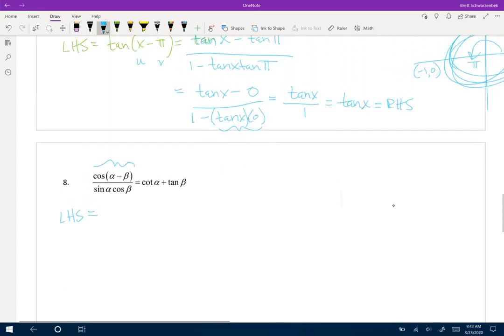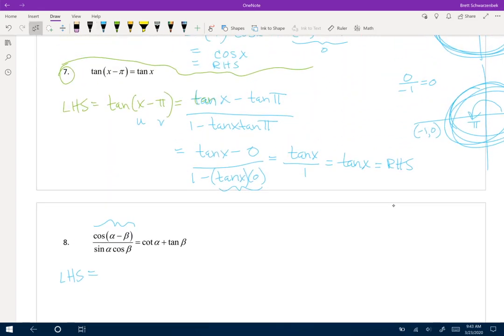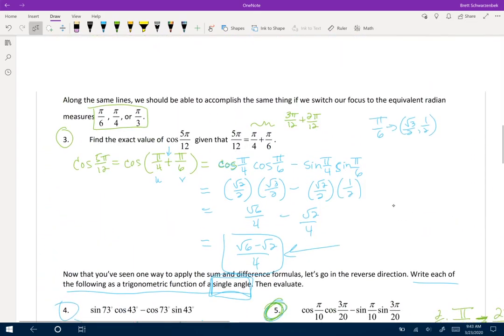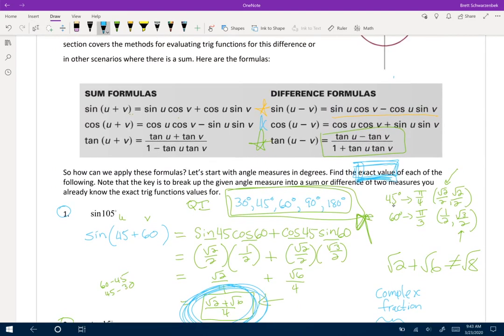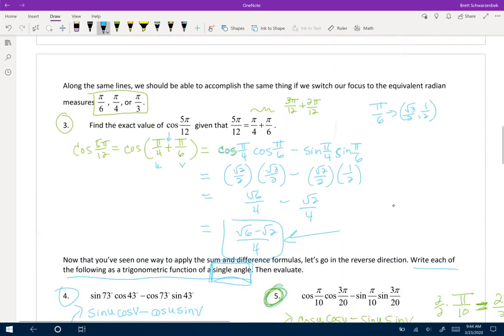If you look at the expression, it's the cosine of the difference of two angles. So you can go back to our ratios and go, oh, look at this. We have the cosine of a difference, which is right here, which means we should be able to change the cosine of alpha minus beta into the equivalent expression if alpha was u and beta was v.